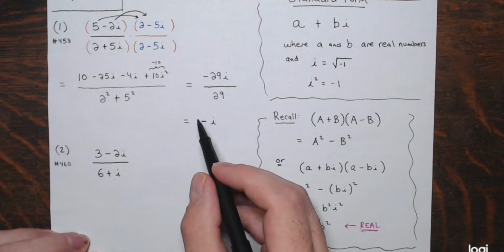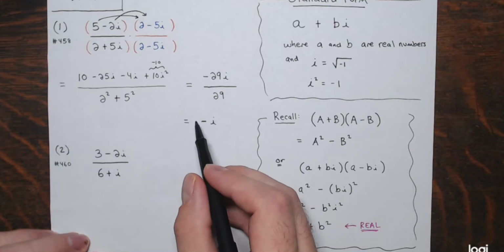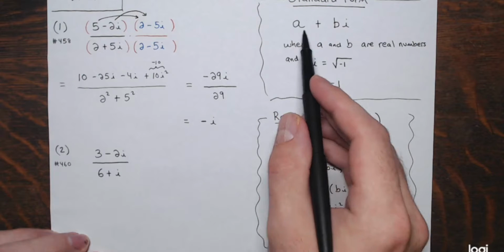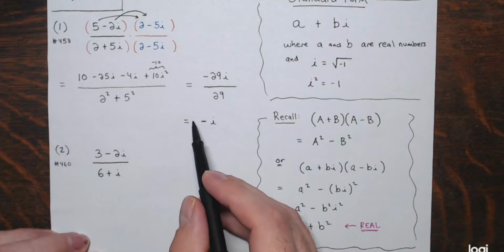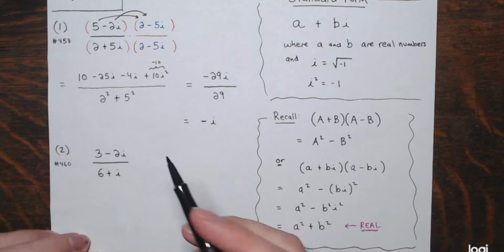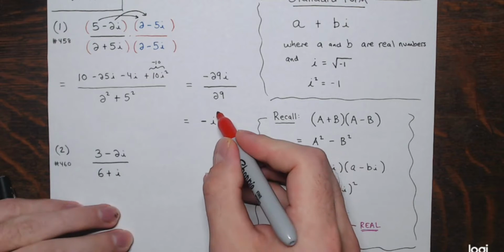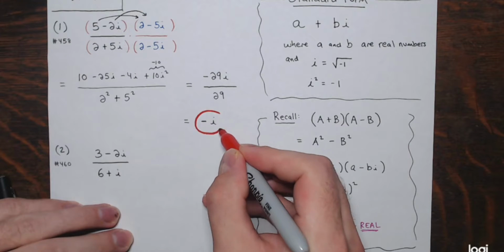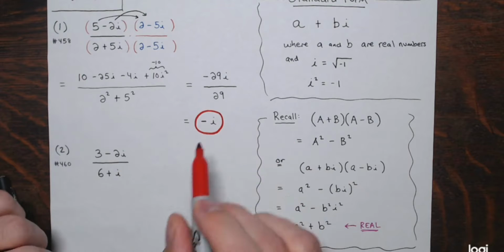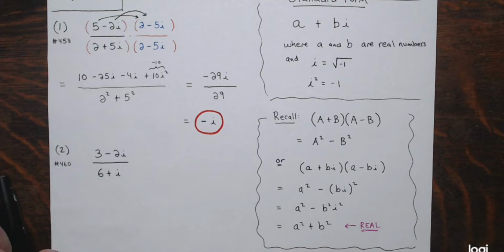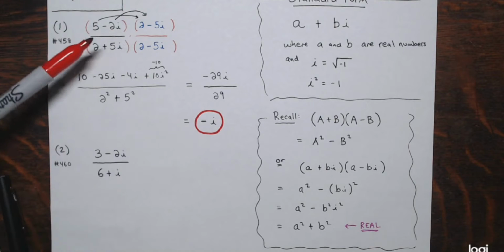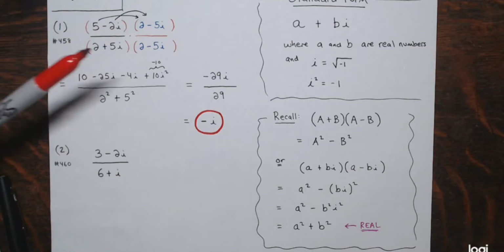Or 0 minus i, if you wrote it in standard form with the real number being 0. 0 minus i. But usually a term of 0 is not written because it doesn't add anything, it doesn't change anything. So just minus i, or negative 1 times i, is the result of dividing 5 minus 2i by 2 plus 5i.